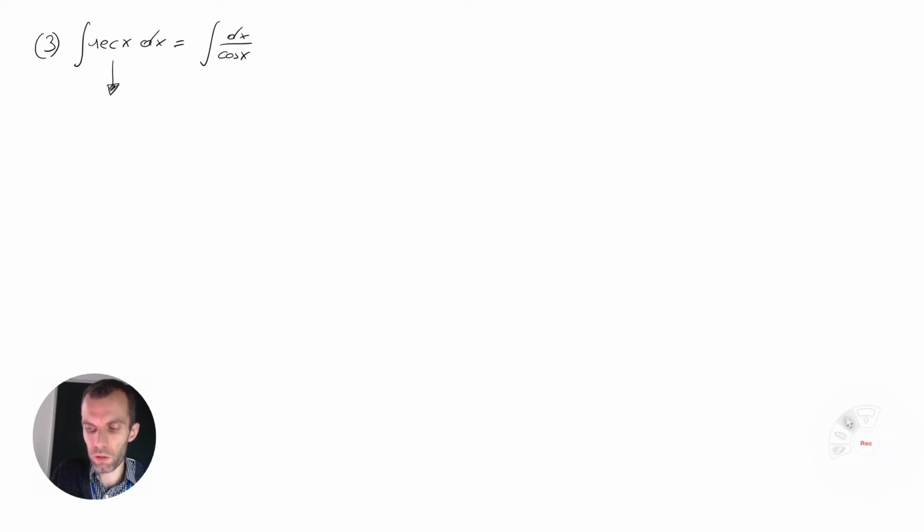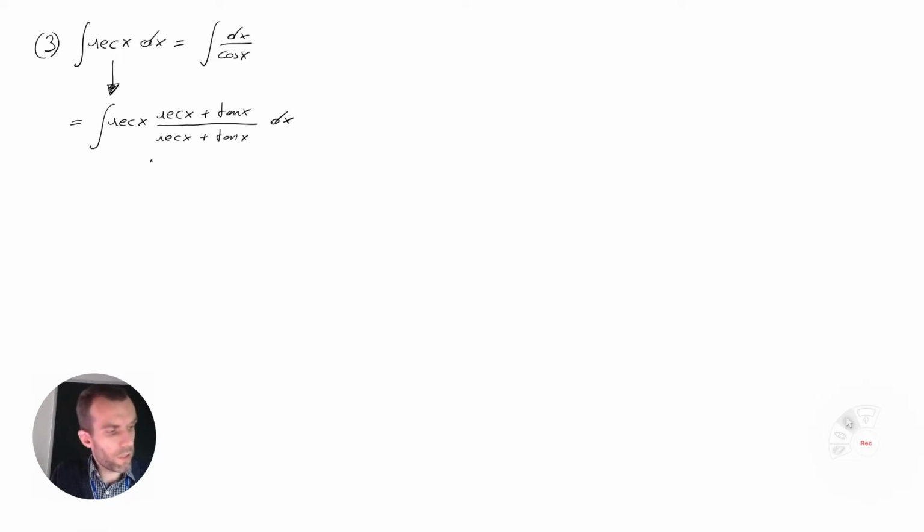So here the substitution is not so straightforward, but what we can do is we can rewrite the integral as secant of x times secant of x plus tan x, over secant of x plus tan x, dx. So we haven't changed the integrand, we just multiply by a fraction that reduces to 1.